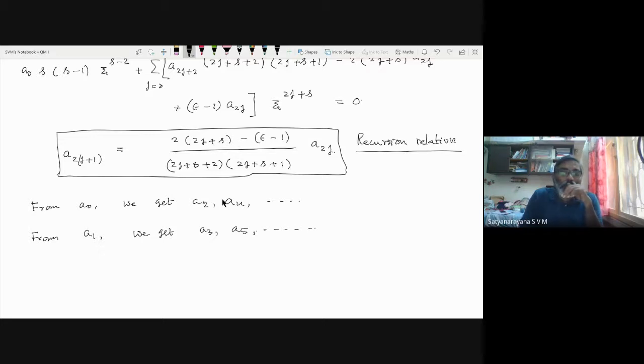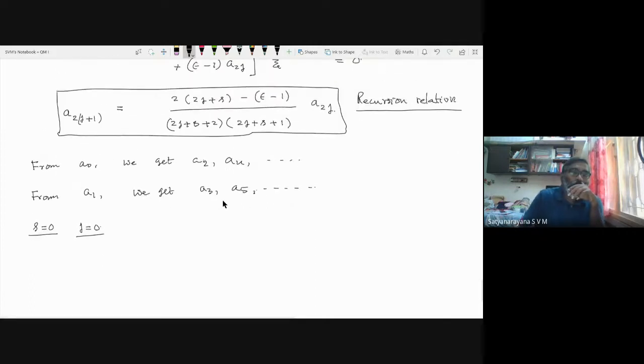Now for example, let's try to look at s equal to 0. Let's say s is equal to 0 and j is equal to 0. Okay, so then what happens?